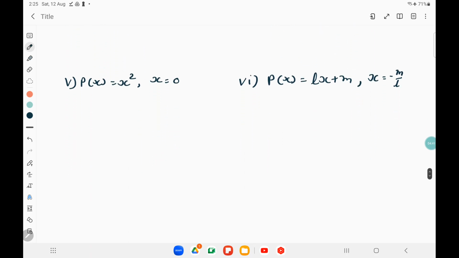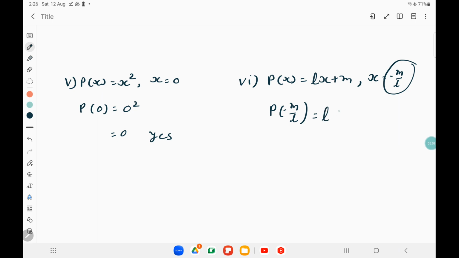Here we have a few more examples. Here we have to take the x value 0. So 0 square, and 0 square becomes 0. So yes, 0 is a zero of this given polynomial. Now the second example, number 6, where the x value given is minus m over L. Wherever we find x, we replace it by minus m over L, plus m.